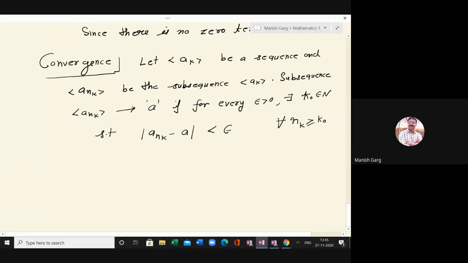Now there is a theorem. This theorem is very nice.